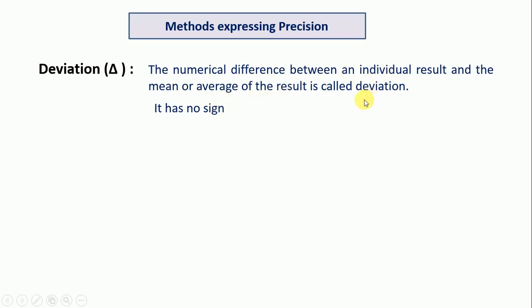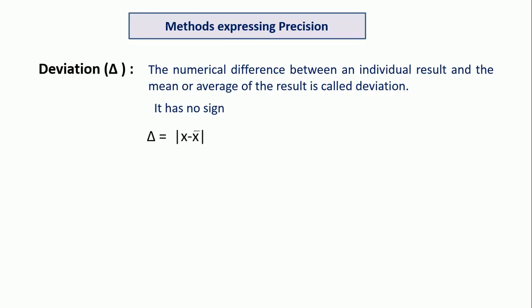For example, if the experiment is carried out 5 times, then the average of those 5 results minus the individual result of each time, that difference is known as deviation, and it has no sign.